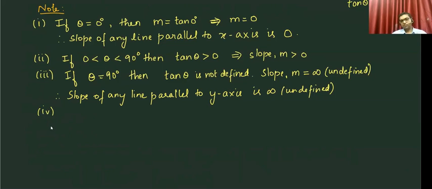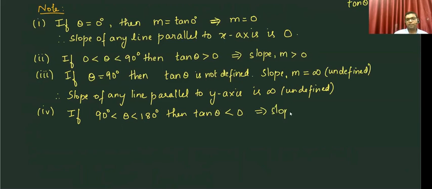Got it? Lastly, if theta is an obtuse angle, that is, it lies between 90 degrees and 180 degrees, then tan of that theta is negative, which implies slope m, which is equal to tan theta, is negative.